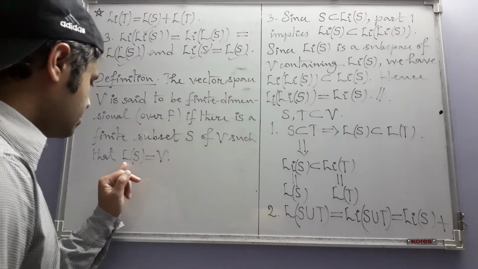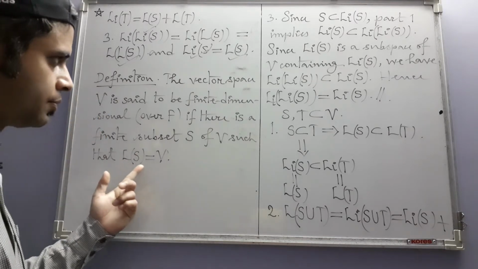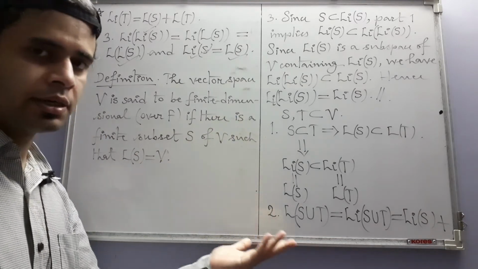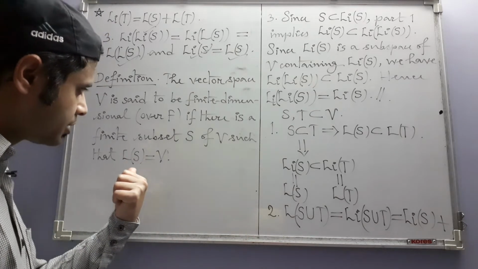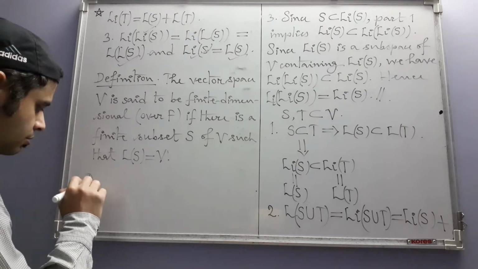But the author has used the ordinary linear span. Just like how we have been extending the other things, we are going to extend this one also. So let us write a corresponding definition.